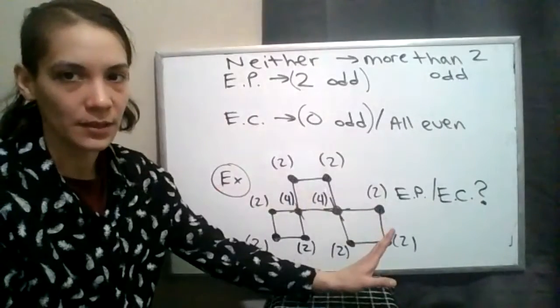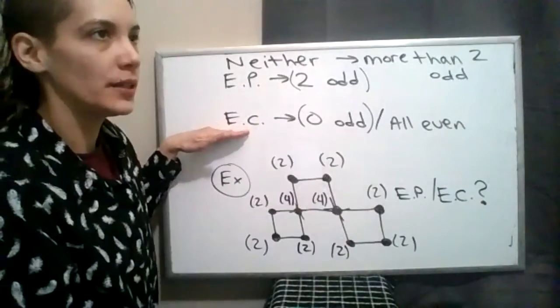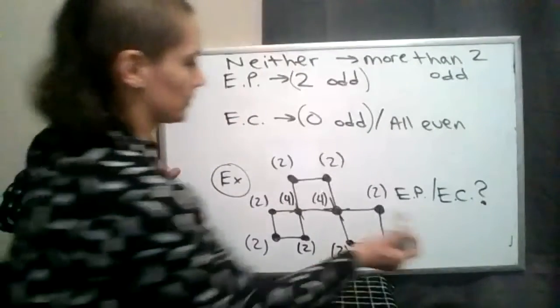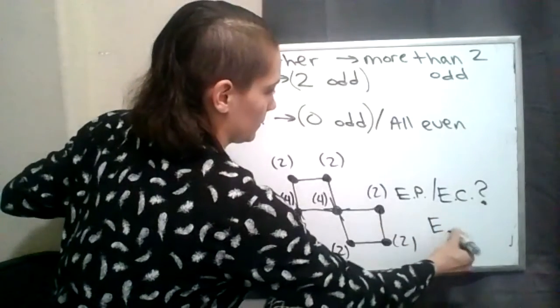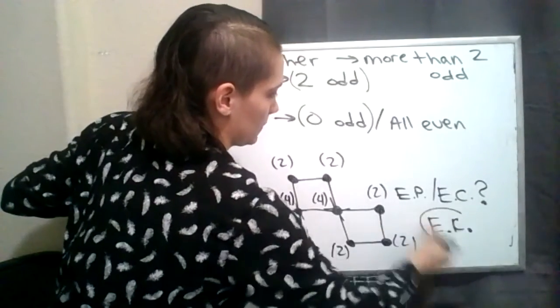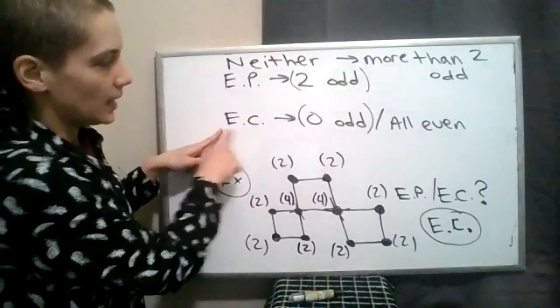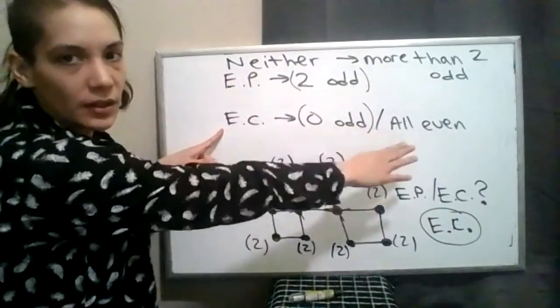We have all evens, which makes this a graph that has an Euler circuit. It has 0 odds, has all evens.